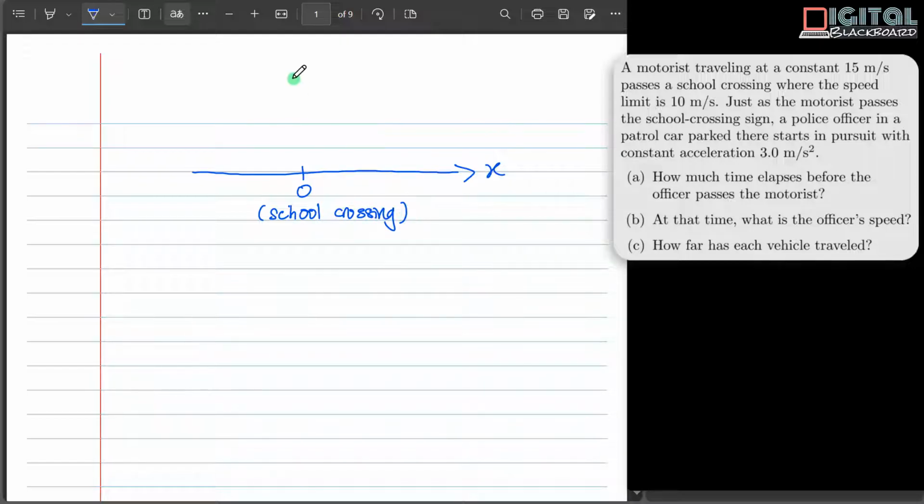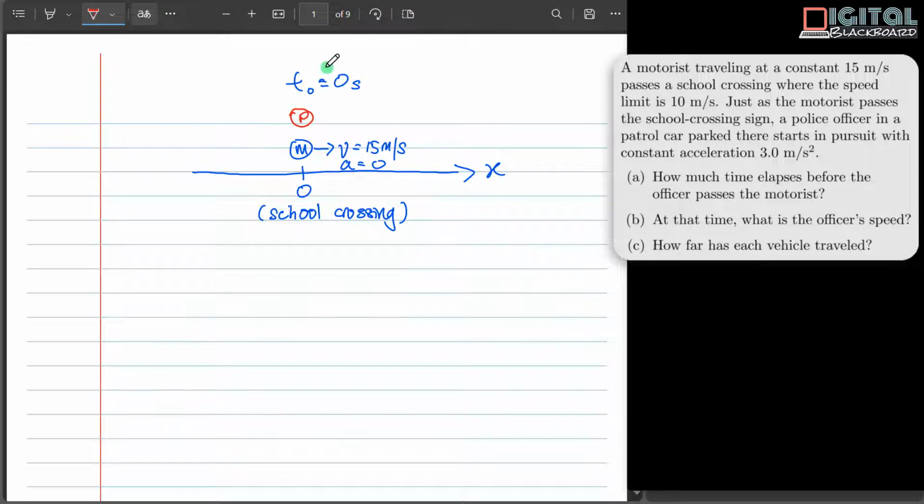At time t equal to 0, the motorist, let's use M to represent the motorist, is traveling at a constant speed of 15 meters per second, but the acceleration is 0.